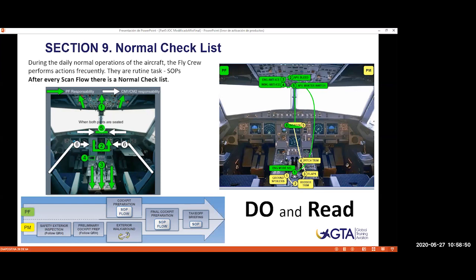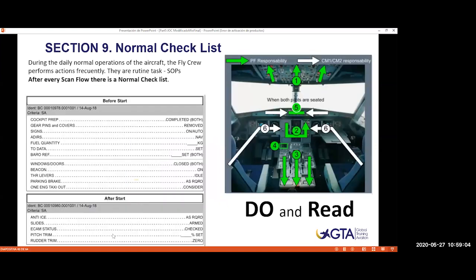Someone who has already studied will tell me, no, there are no checklists for climbing through 10,000 and descending through 10,000. Yes, of course, but that is something you will see later in the course. This is the way of doing our checklist.